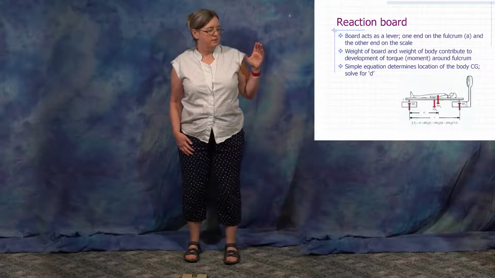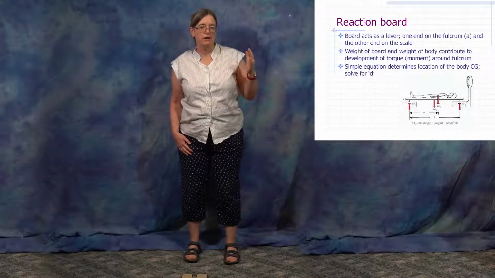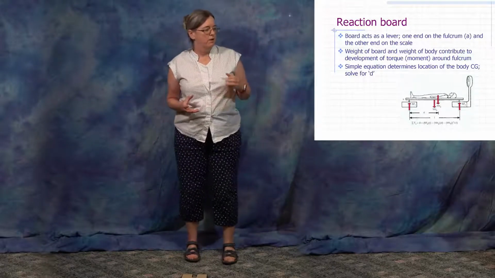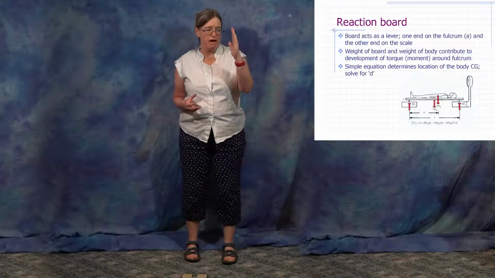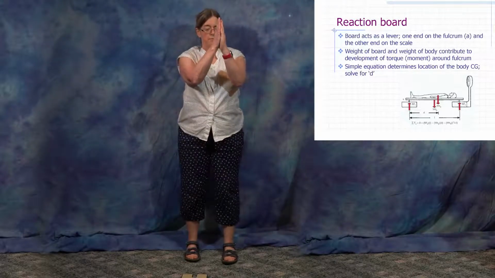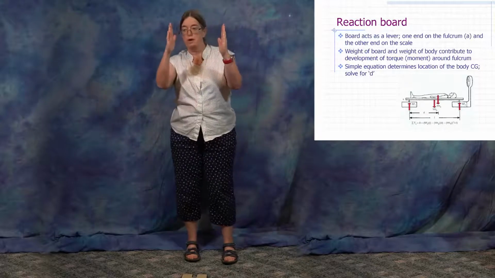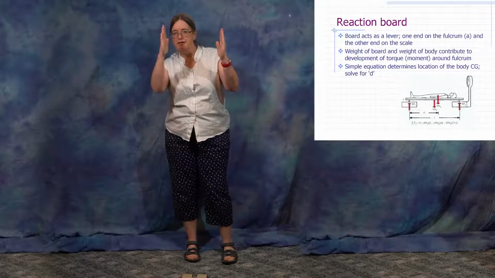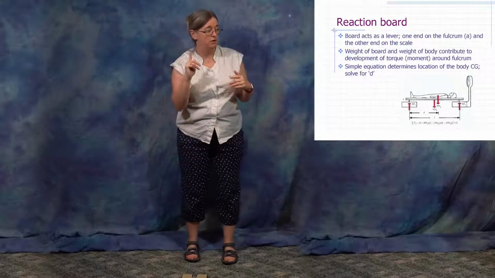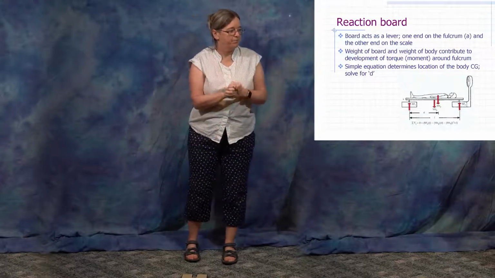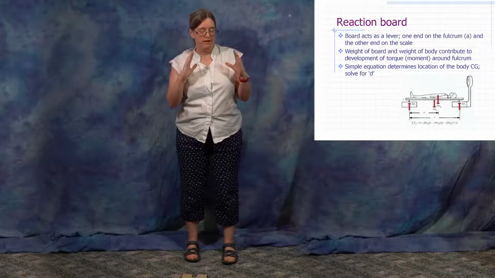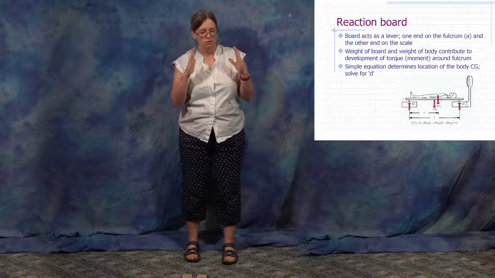So again, we're looking at all the things that go around that fulcrum. The fulcrum is our axis of rotation. So the distance from the fulcrum to where our weight acts, remember, weight acts at the center of gravity. Again, we talked about that at the beginning of the class in the third lecture or so.